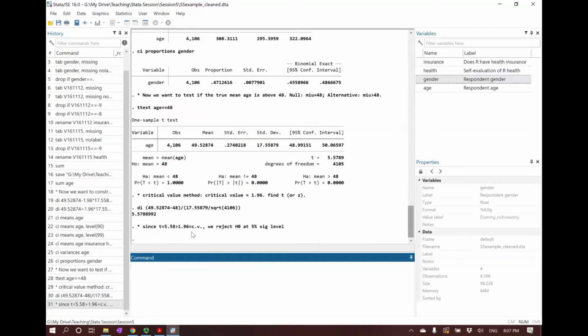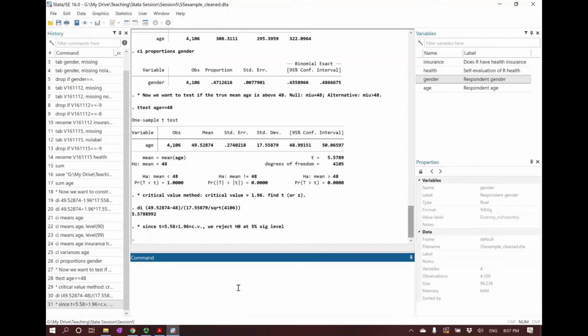Okay. Remember, this is what we did in the regular lecture. However, in empirical research and especially in Stata, the most common way we look at is through the p-value method because we do not have to specify a significance level.